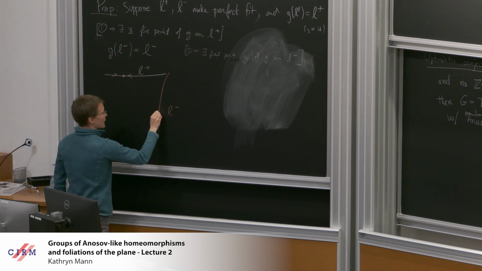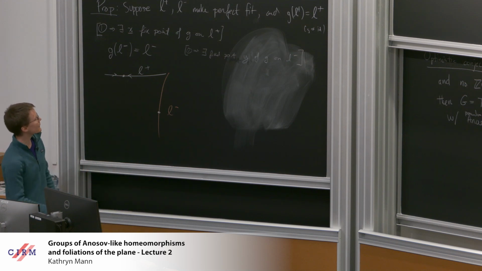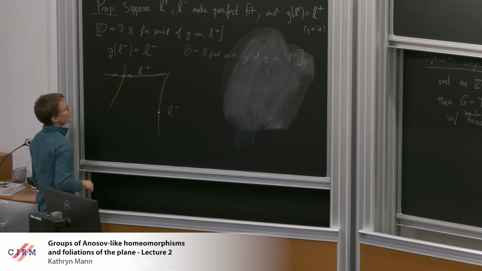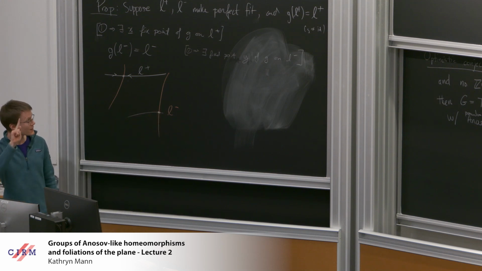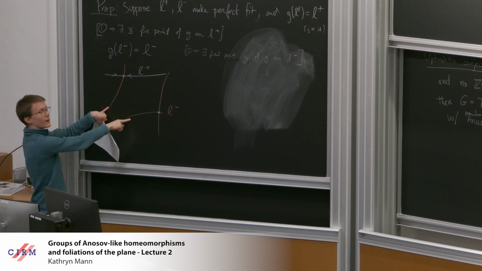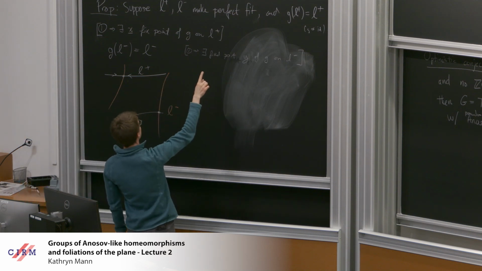I have another point here, which is fixed by G, a unique fixed point. And I can look at the other leaves through these two fixed points. And the conclusion is, this pair also makes a perfect fit. So that's what this proposition is really about.